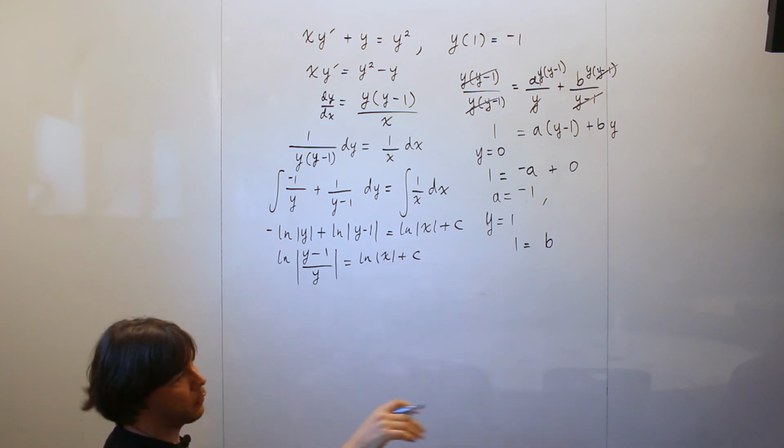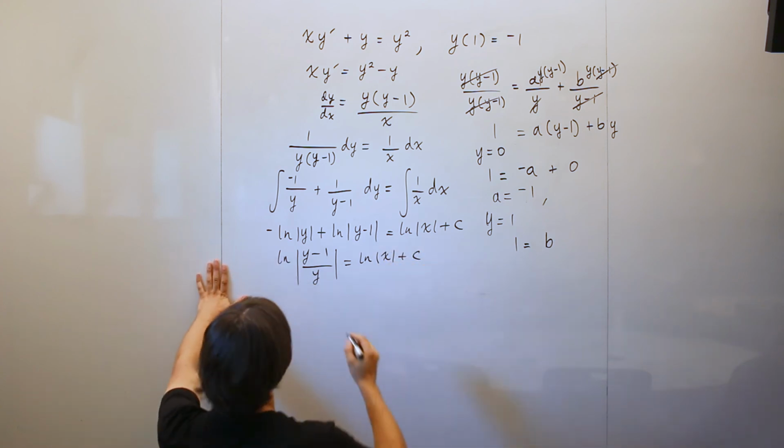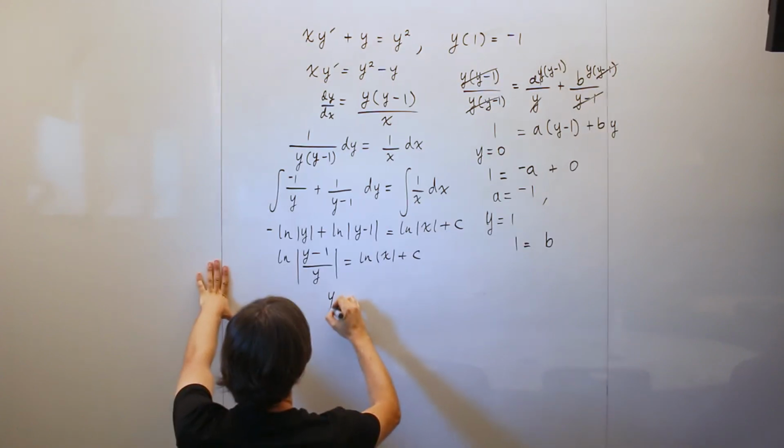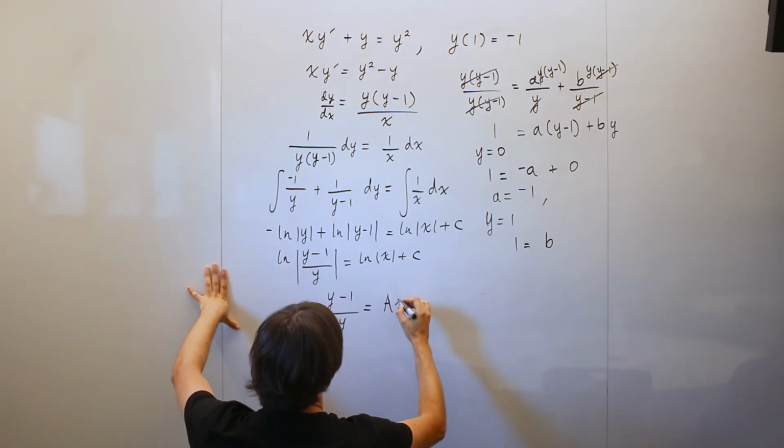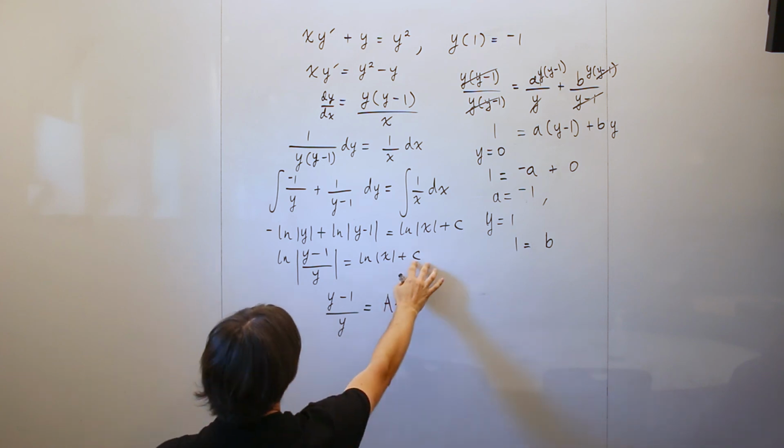Now I exponentiate both sides. On the left, I have (y − 1) over y. On the right, I have, well, really I have A times x, because this is e to the c.